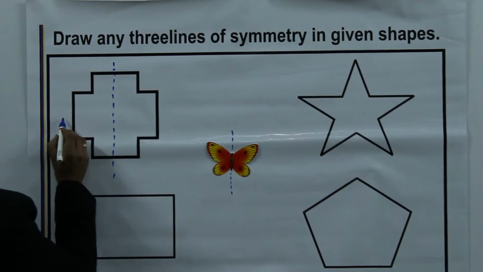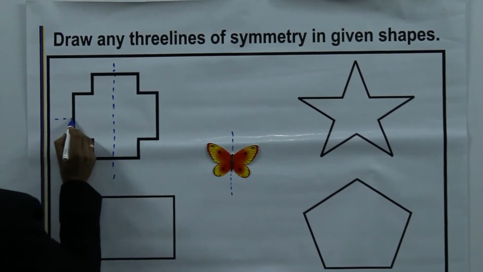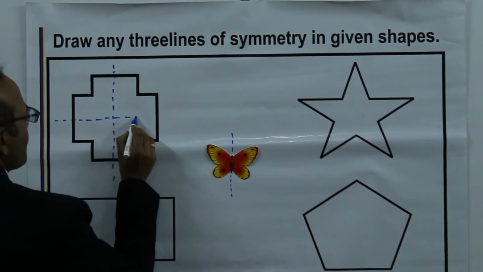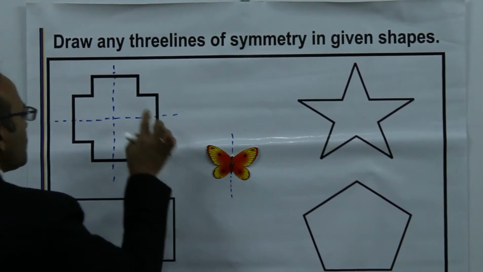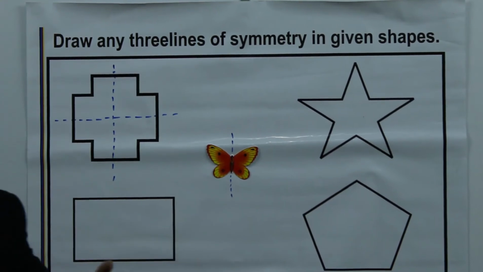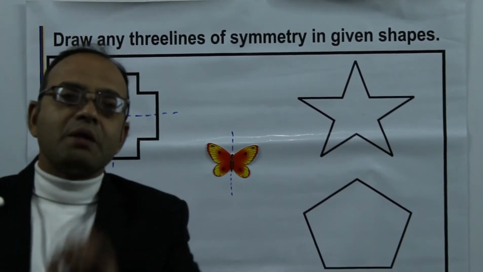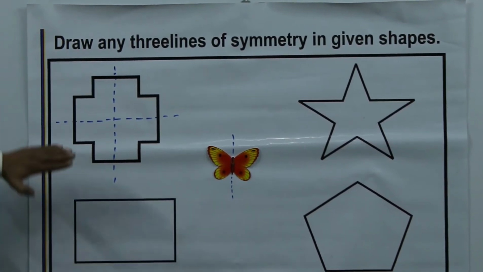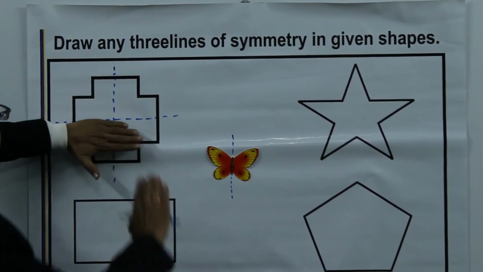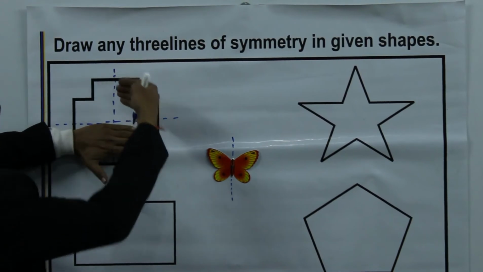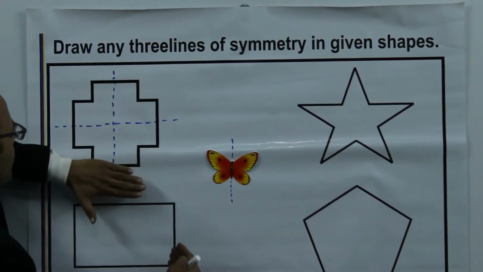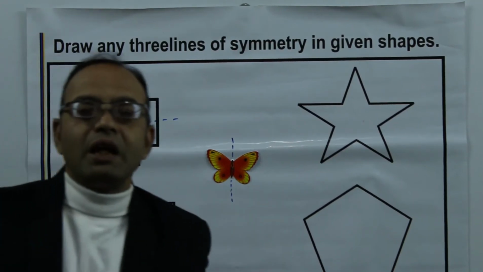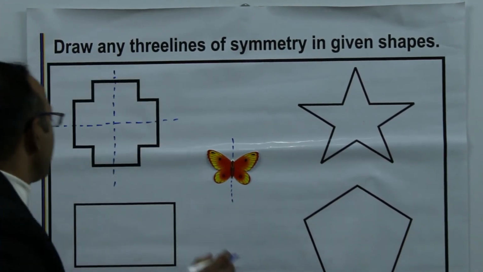Again, another line of symmetry here. So those lines are lines of symmetry or symmetry lines because this line divides it into two equal parts, up part and down part. Again we can draw the line of symmetry.